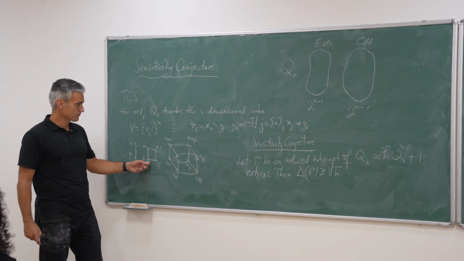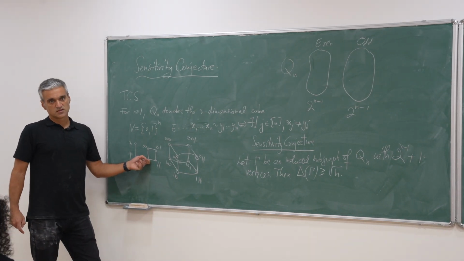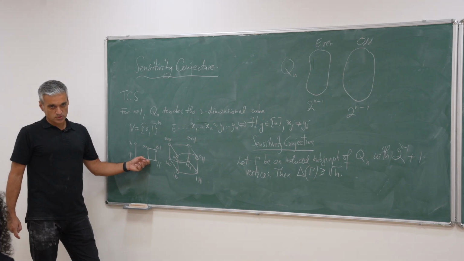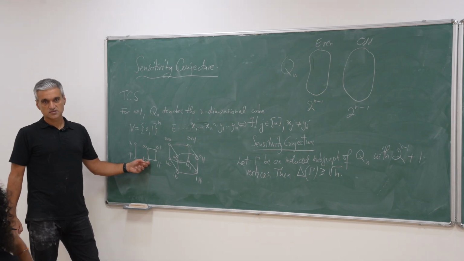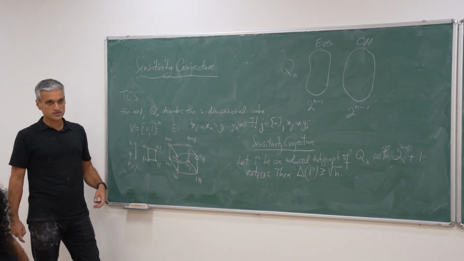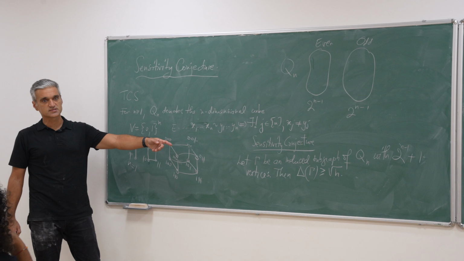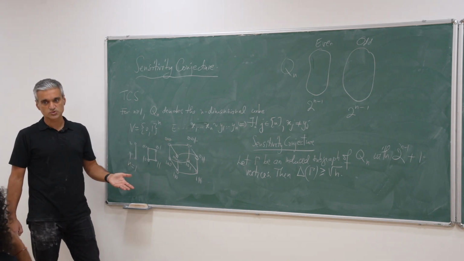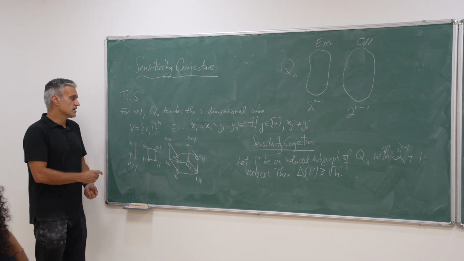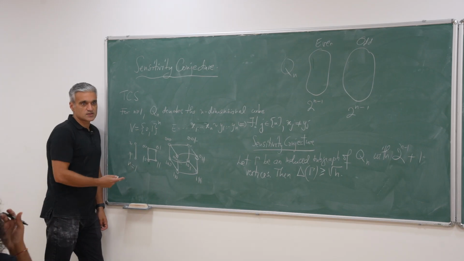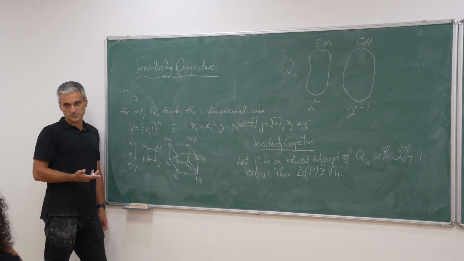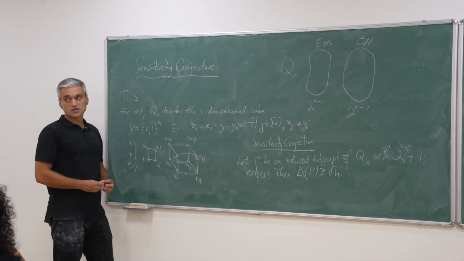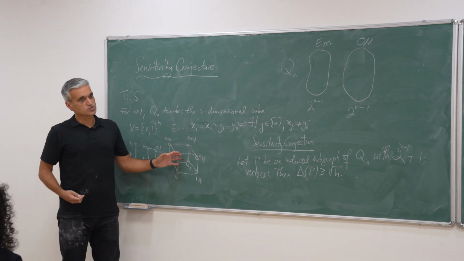If n equals 2, if I take 3 vertices, the maximum degree of the induced subgraph will be at least square root of 2, but it's an integer, so it will be at least 2. So if I take 3 vertices, no matter how I take them, I will get a path of 3 vertices, so I will have a vertex of degree 2.